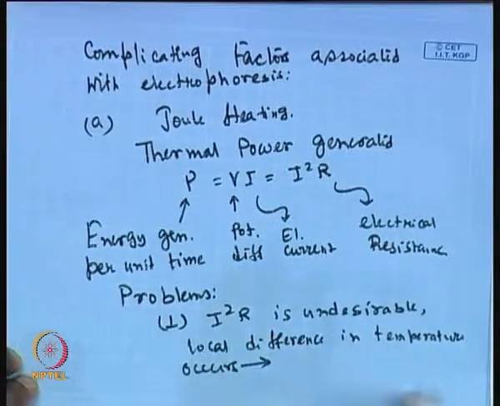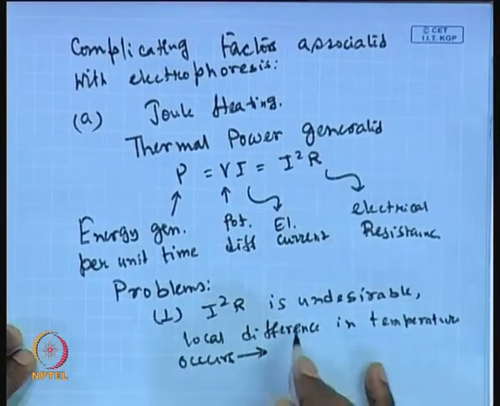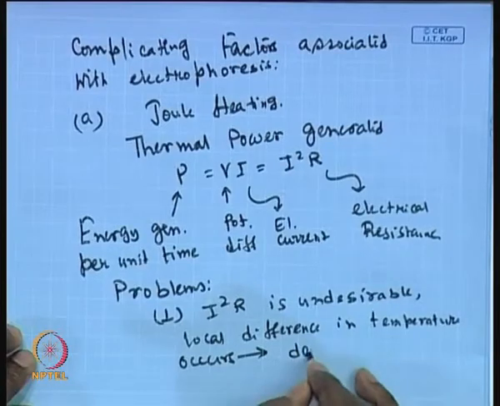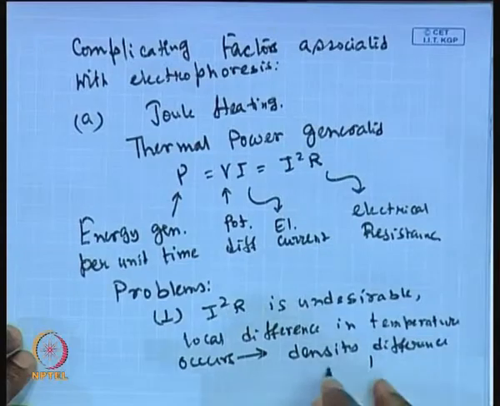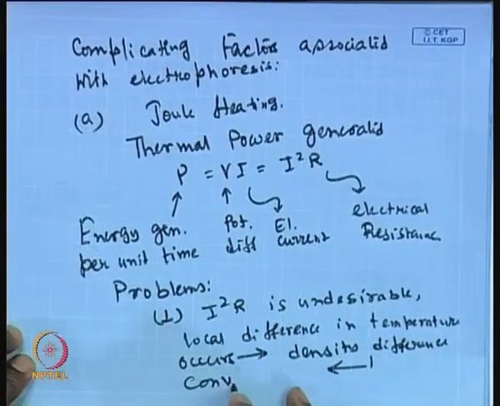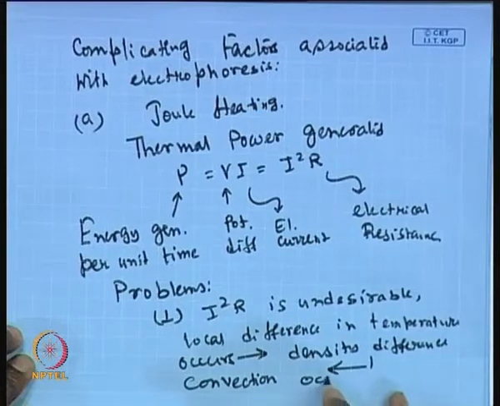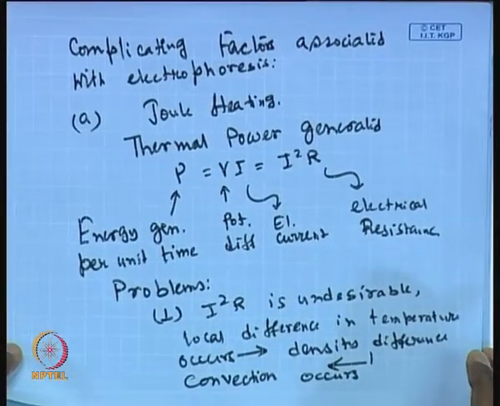So, if a local difference in temperature occurs, there will be a local difference in density, because density is a strong function of temperature. This results in density difference. If the density difference is quite significant, convection will occur, like free convection. So, therefore, the movement or transport of the particle, the electrophoretic mobility, will be disturbed by the convective motion.